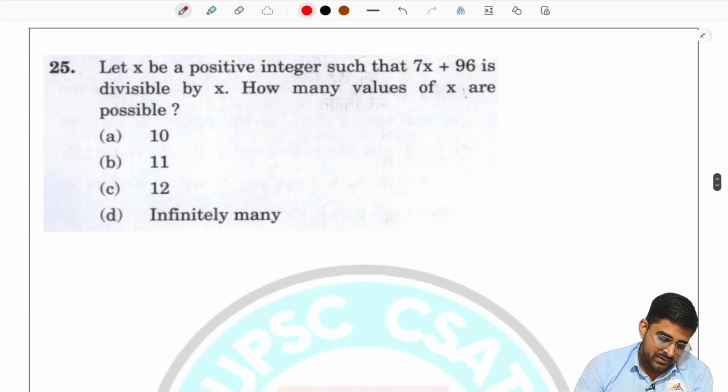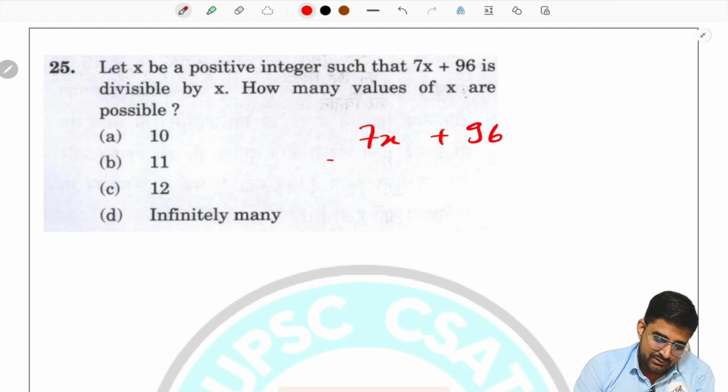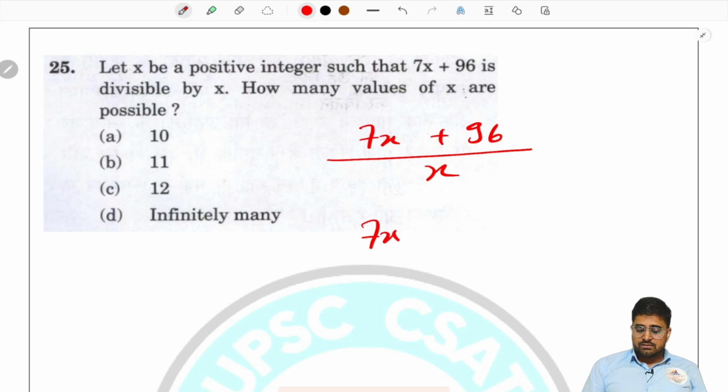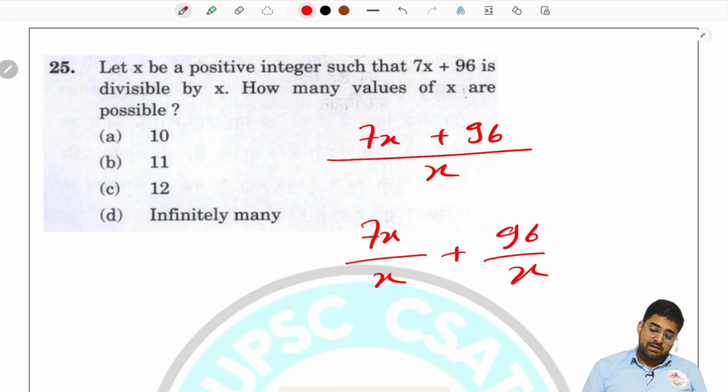Let's start it. Let x be a positive integer such that 7x plus 96 is divisible by x. How many values of x are possible? See, this is a very good question, and we have discussed this kind of question earlier also, where we split the question like this and solve them.